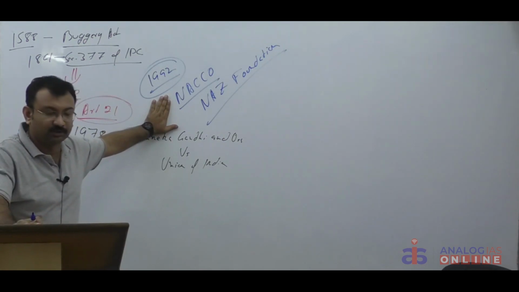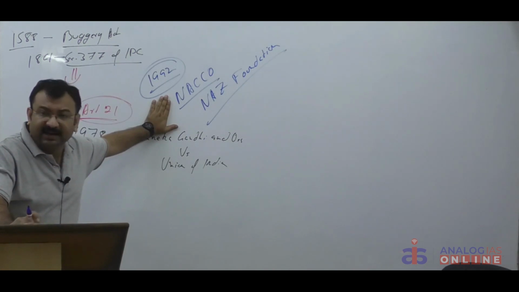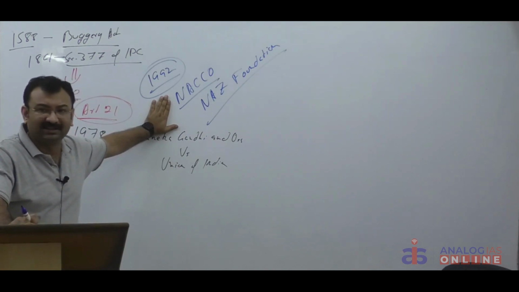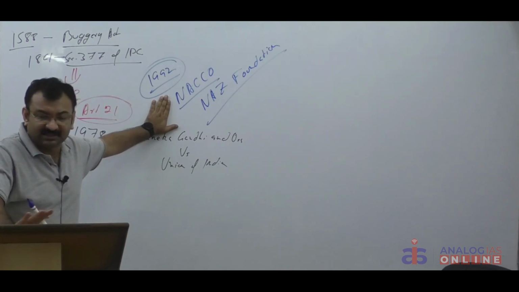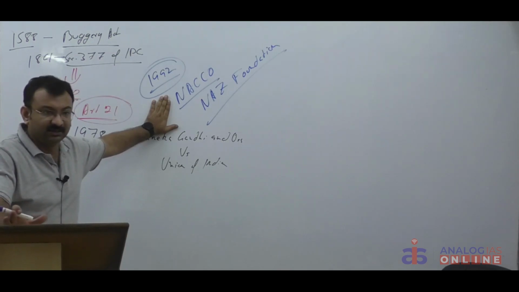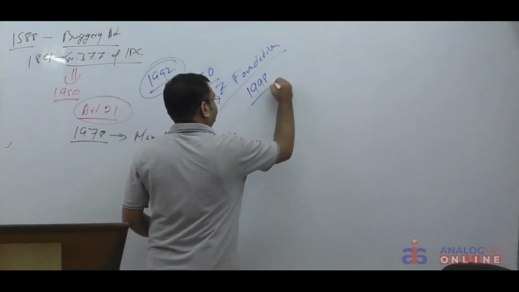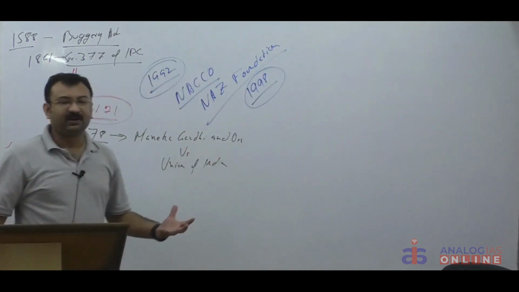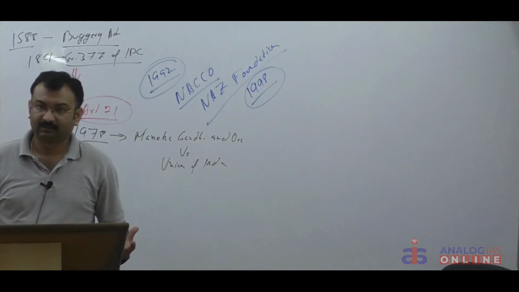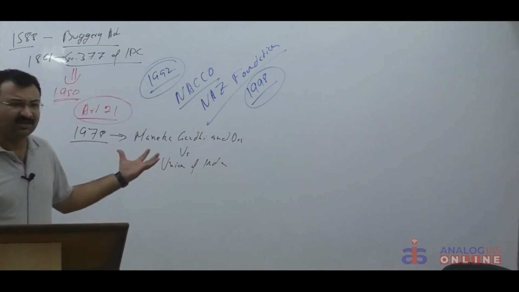NACO and NAZ Foundation. But in Delhi area especially, things were not getting under control. They worked for 6 straight years, nothing was happening. 1998, every effort was failing. Genuinely a concern that what's happening.